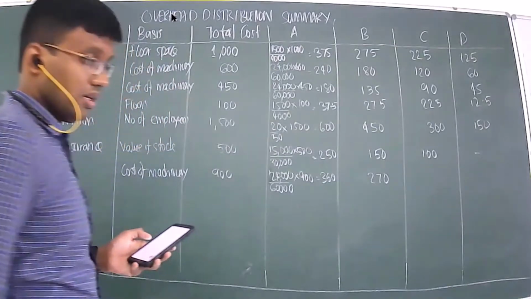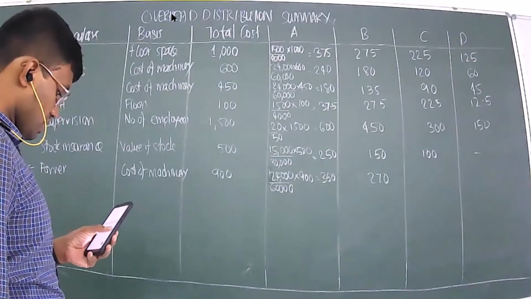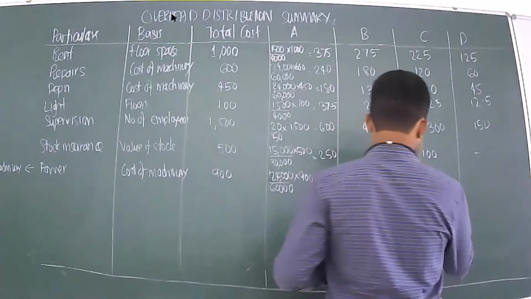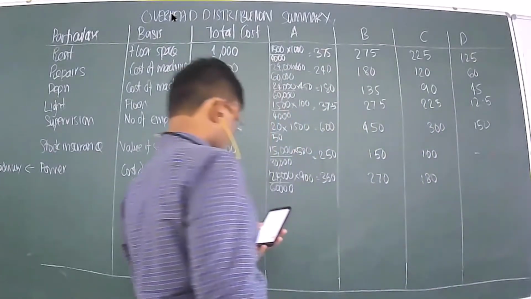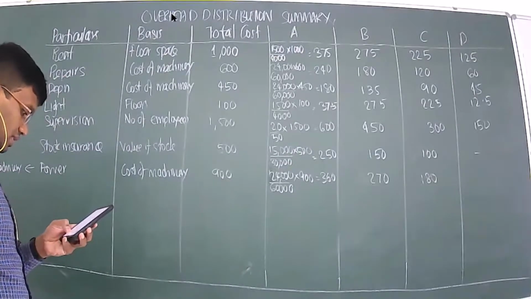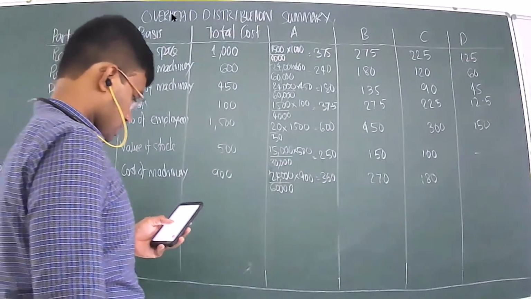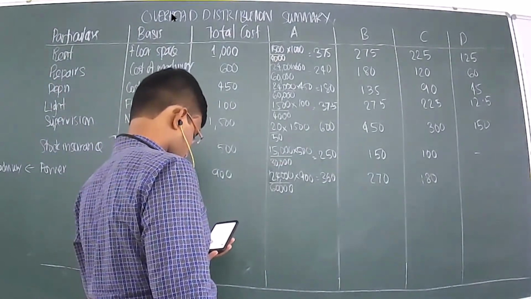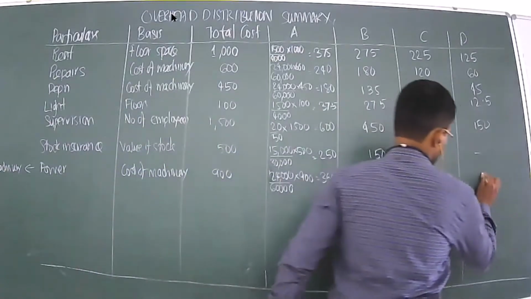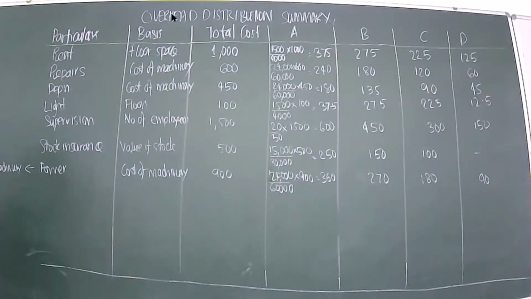Next one, 12,000 divided by 60,000 into 900, which will be 180. And then finally, for the last one, 6,000 divided by 60,000 into 900, this will be 90. So that is about power.